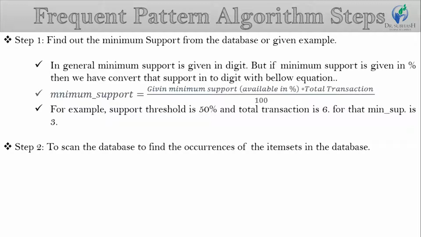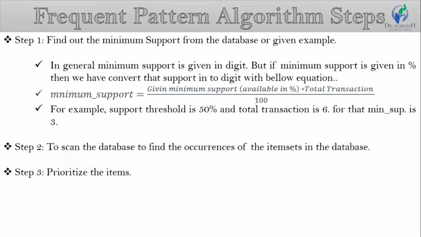Now, the next step is to prioritize the item sets, or we can say we give priority to each item. Means we give the priority of each item according to its frequency of occurrence.